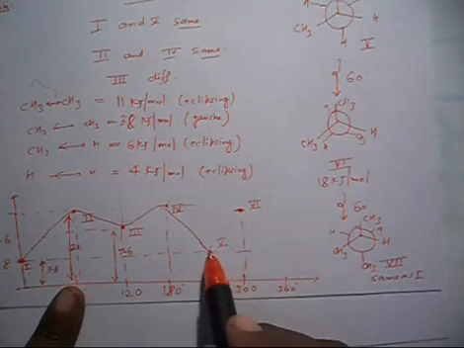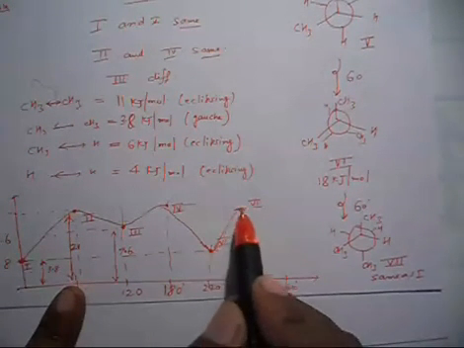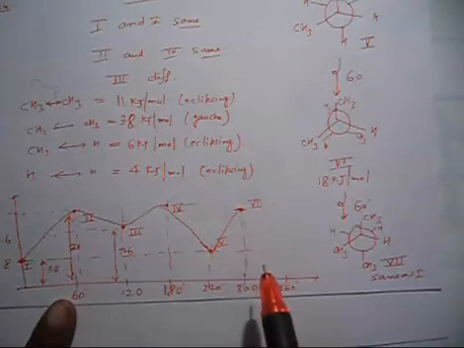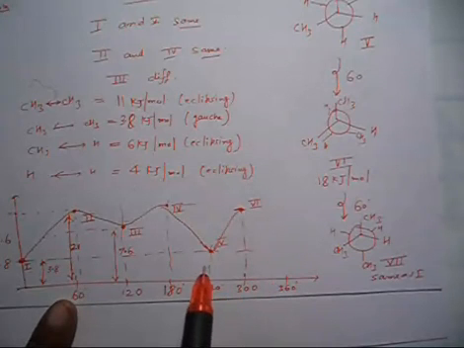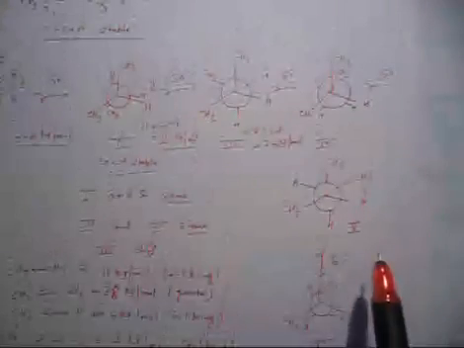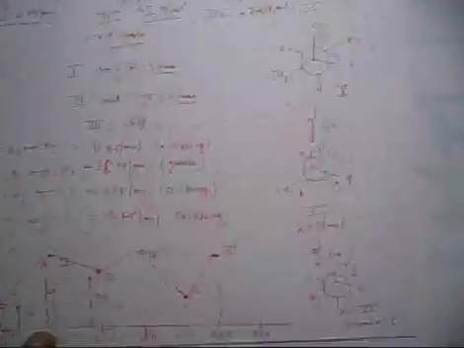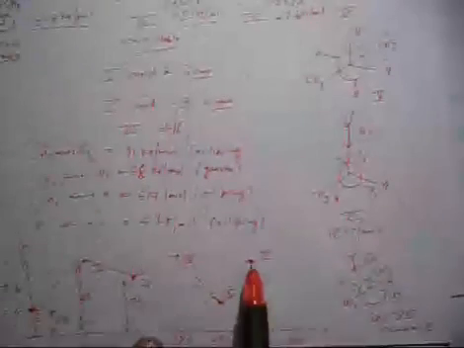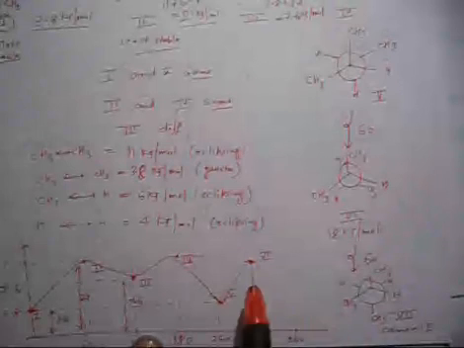So now I am 100% sure this goes here, and after that this 5 is the same as 3, so this will come to 1. So 5 has the same energy as 1. Now this 7 is somewhere here, 6 is somewhere here, and 7 is the same as 1.